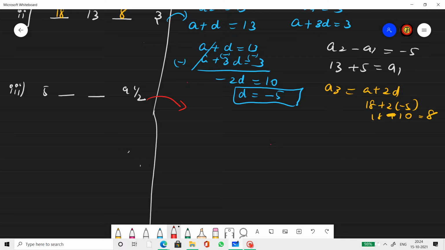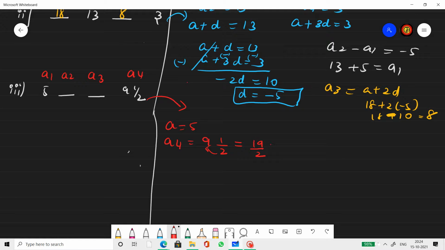Now we are going to do the third sum of the same set. A is given as 5, then A1, A2, A3, A4. The fourth term is given and the first term is given. The first term is A and A is 5. A4 is given as 9 1 by 2, which is a mixed fraction. Let's make this into an improper fraction: 9 into 2, 18, 18 plus 1, 19.